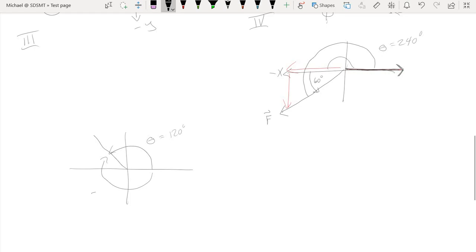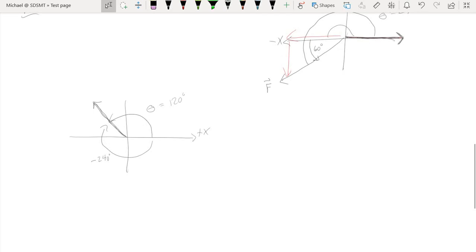Well, that would be negative 240 degrees. Which one is right and which one is wrong? Well, they're both right. They're both valid forms of measuring the angle of that particular vector with respect to the x-axis. But in our online homework, the system is only going to accept one of those answers. So which one is it going to be?